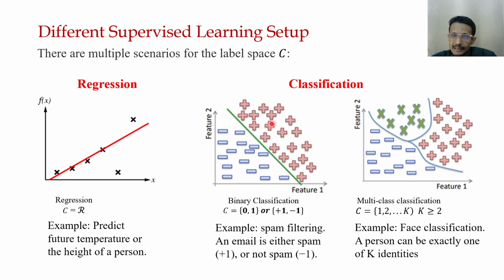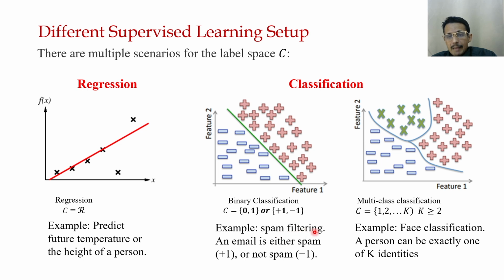In the case of classification, there are two groups of data. Basically, this is a binary classification, and it is annotated or labeled in such a way that this is plus and this is minus. Here our task is to find a separator so that when any new instance comes, we can say that it is positive or plus, or it is minus. So, based on this separator, we can decide whether it is in the plus class or in the minus class.